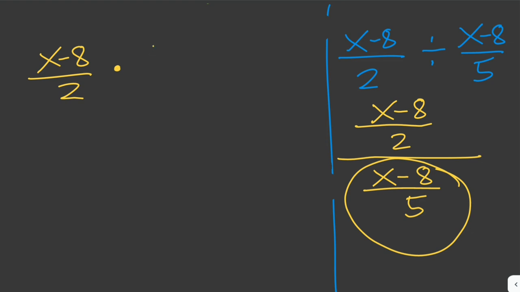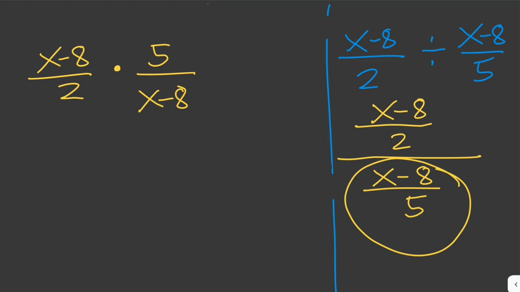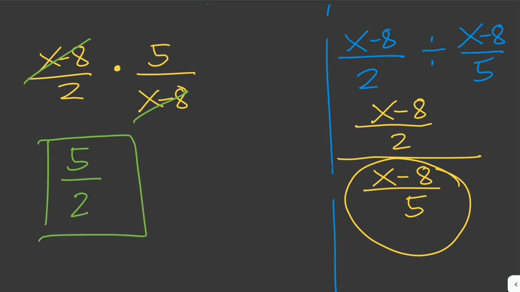So that would be times 5 over x minus 8. Now x minus 8 here is a common factor, so we can cancel it out. Now we are just left with 5 over 2. Therefore, x squared minus 64 over 2x plus 16 divided by x minus 8 over 5 is just equal to 5 over 2.